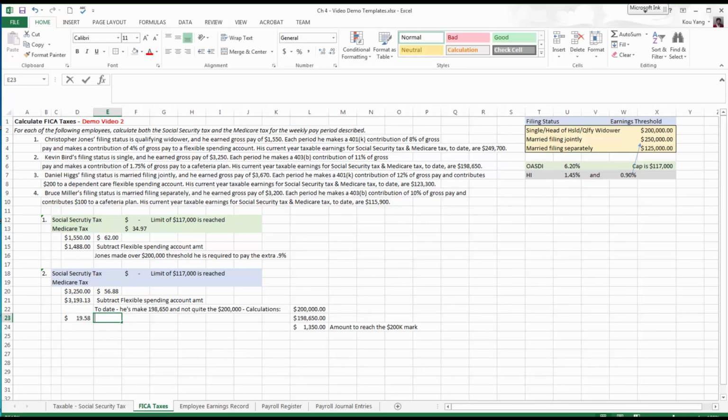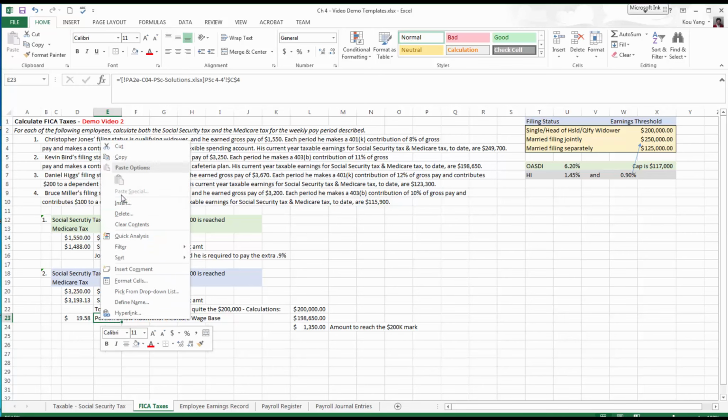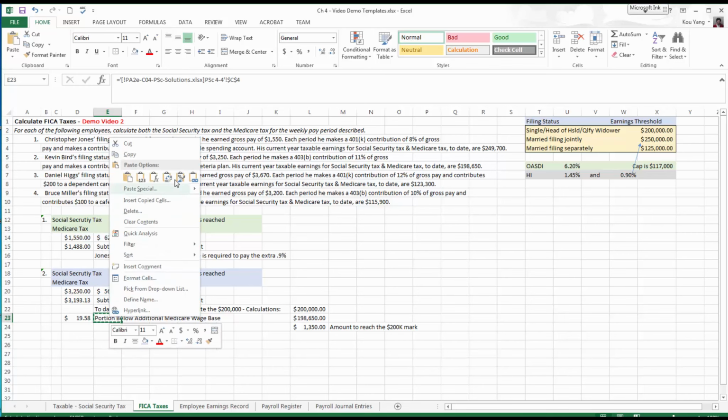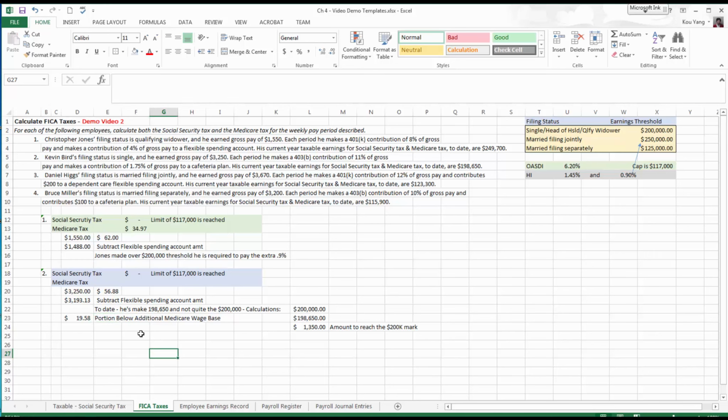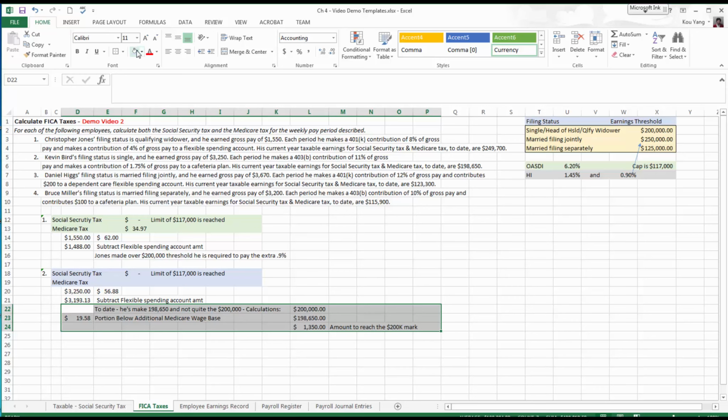And this is the portion below additional Medicare wages. Okay, so as you can see, what I'm going to do is highlight this so that you know exactly where all the calculations are coming from. Okay, so that's the portion below the additional Medicare wage.